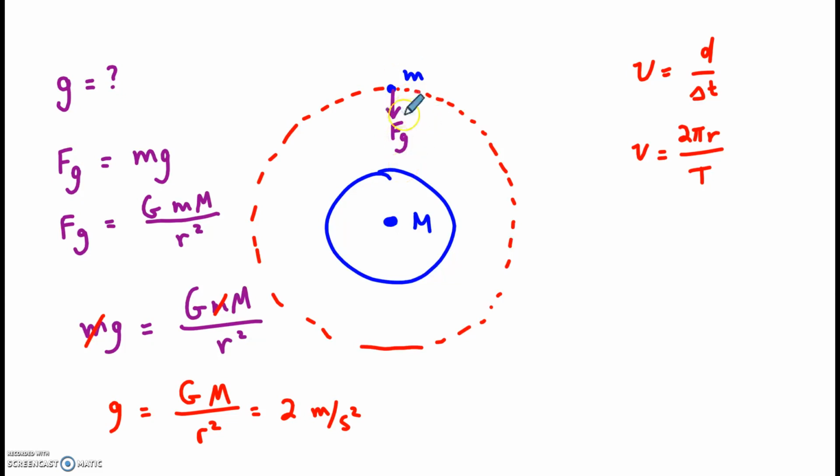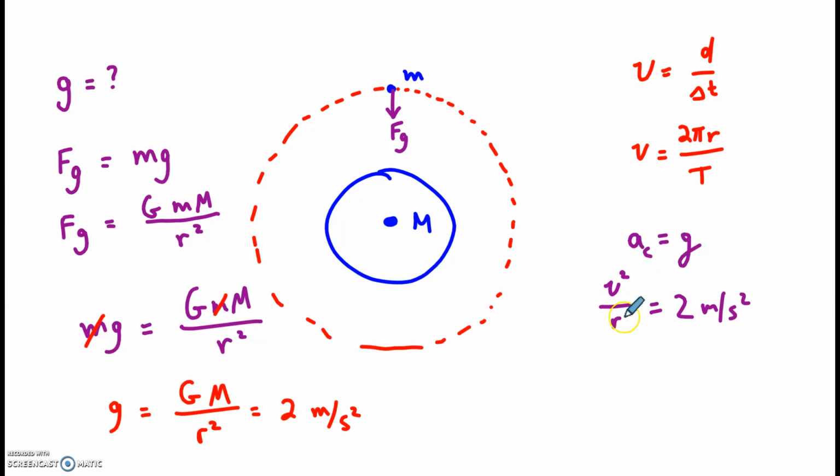That means the acceleration is the acceleration due to gravity. So the value we found, that 2 meters per second squared, is equal to the object's acceleration, but this is a centripetal acceleration because it's moving in a circle. So in place of a_c, we could put v squared over r. That's one of the formulas from our equation sheet.